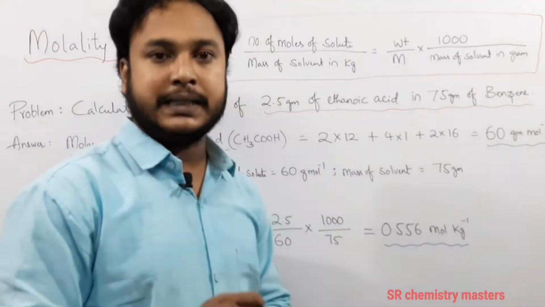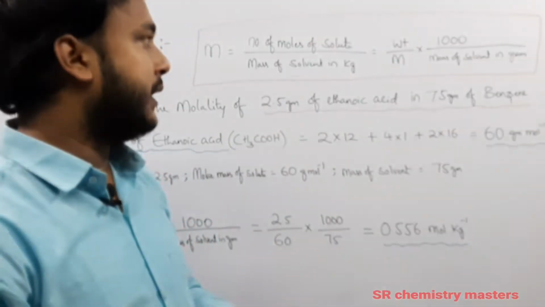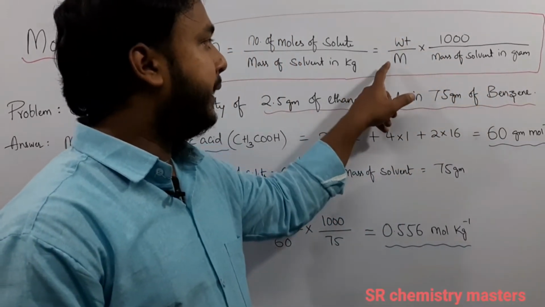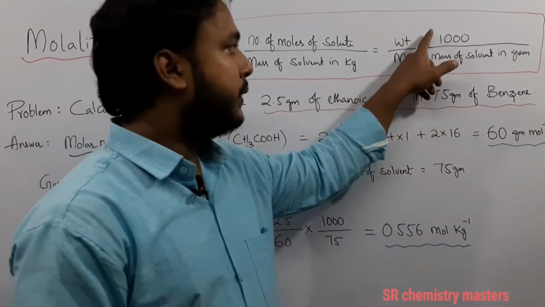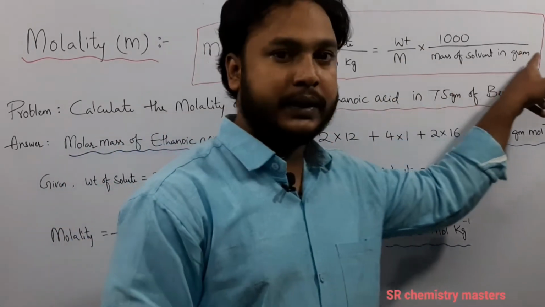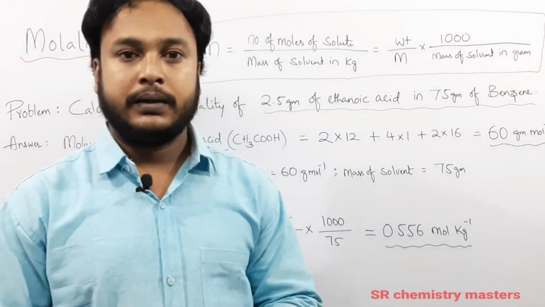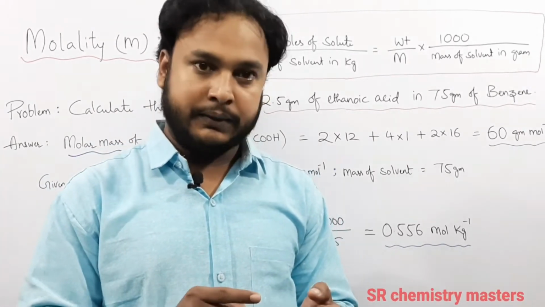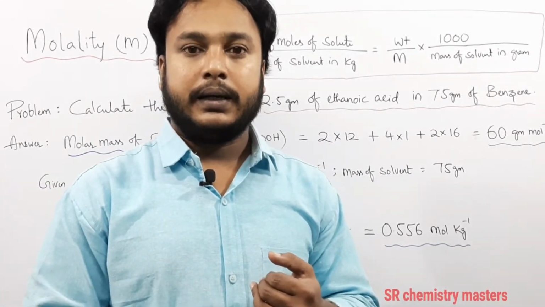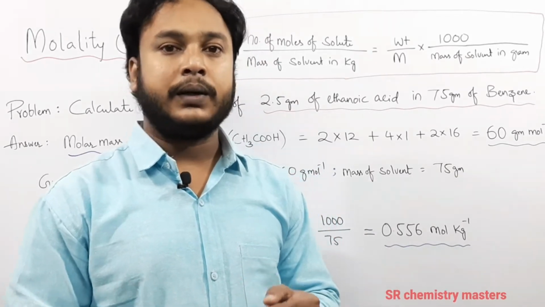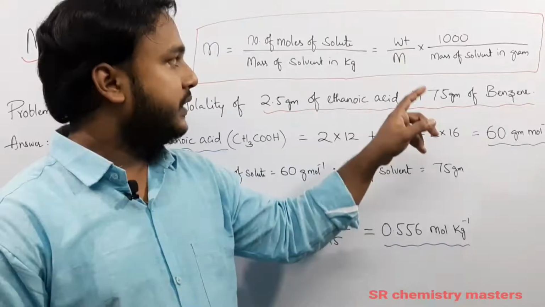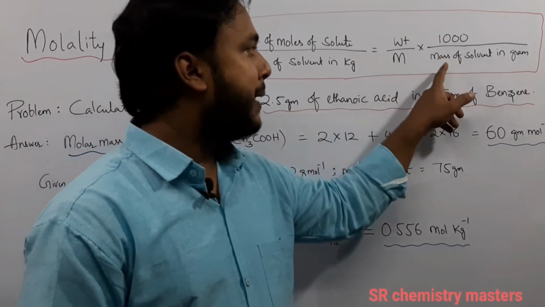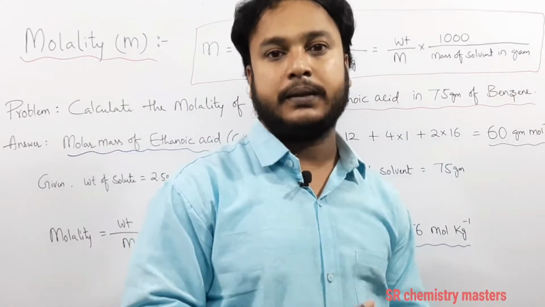But if the mass of the solvent is given in terms of grams, we are going to use the formula weight by molar mass of solute into 1000 by mass of the solvent in grams. Whenever the mass of the solvent is given in grams and the weight of the solute is given in the question, we are going to use this formula: weight by molar mass of the solute into 1000 by mass of the solvent in grams.